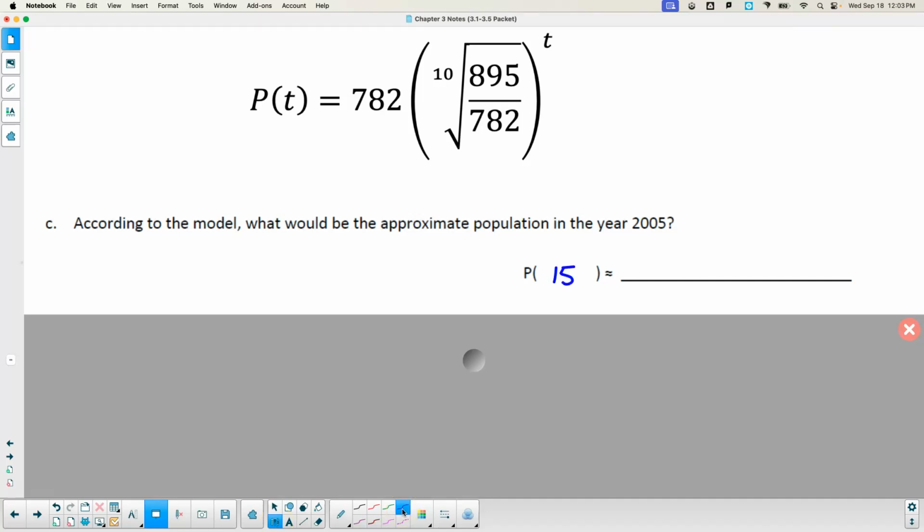I need to plug 15 into that function. Anybody?